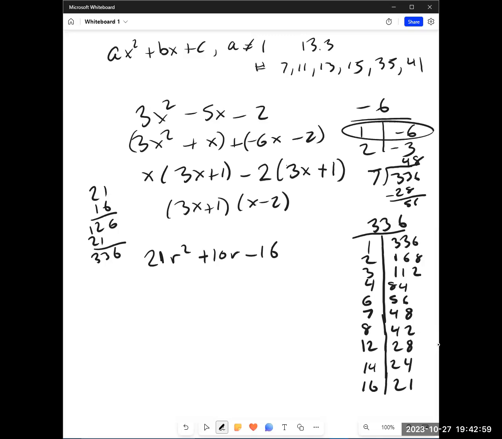I don't think there are any 17s, no 18s. All right, I think that's it.